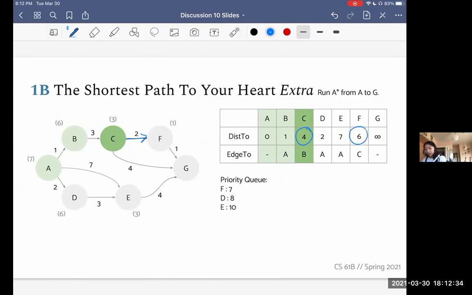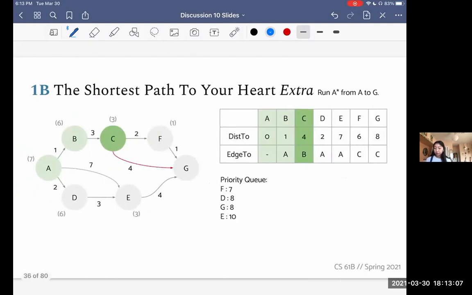And so the distance to F is 6, cumulative distance from A to F. And our edge to F is from C, because we want to traverse that edge from C to F. And our priority in the Q is 7, because the priority is the distance to F, which is 6, plus our estimated distance from F to the goal, or our heuristic, which is 1. That gives us 7.